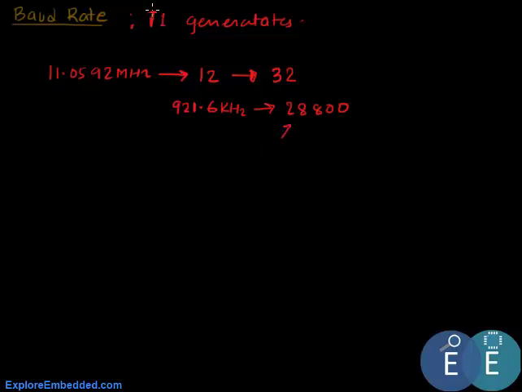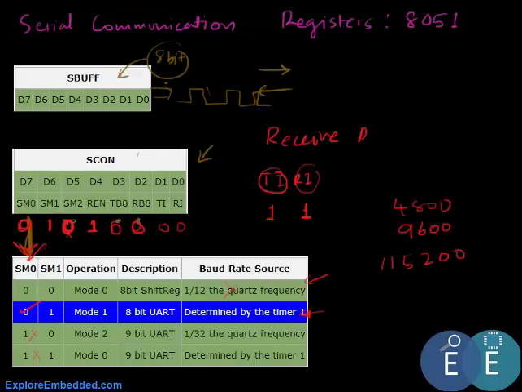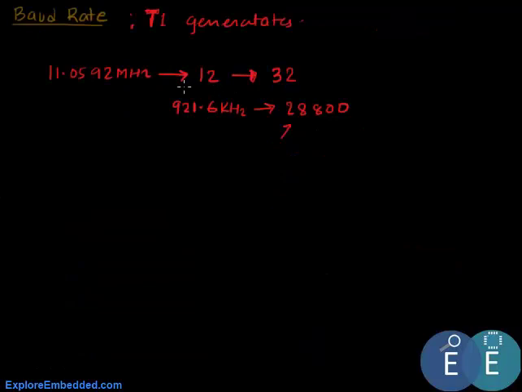Now when timer 1 is configured for serial communication, when you make the two bits SM0 and SM1 in SCON as 01, then timer 1 generates the baud rate. If timer 1 has to generate the baud rate, it does not take the crystal frequency directly.